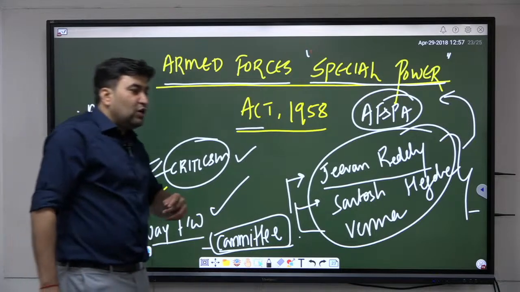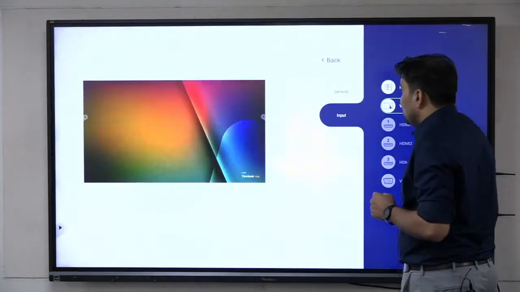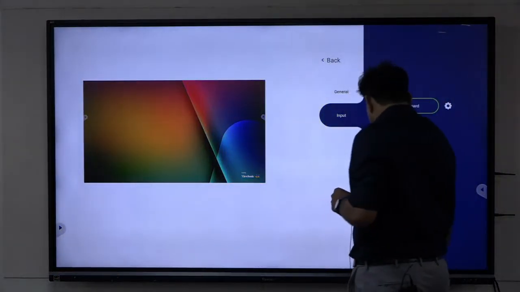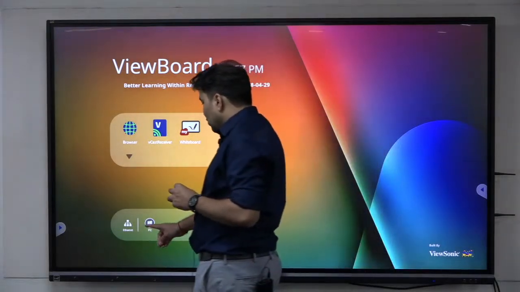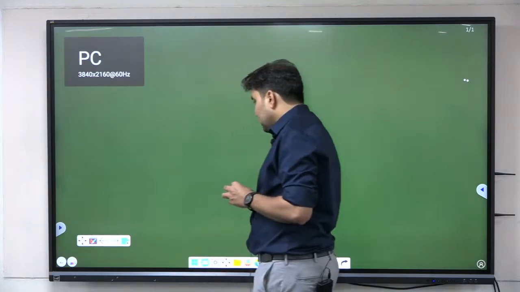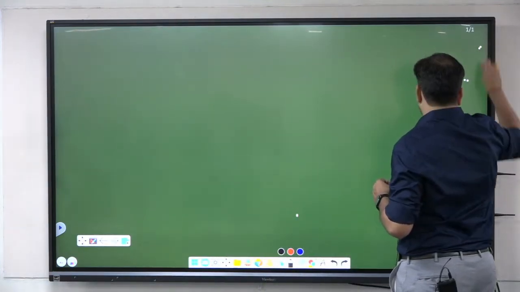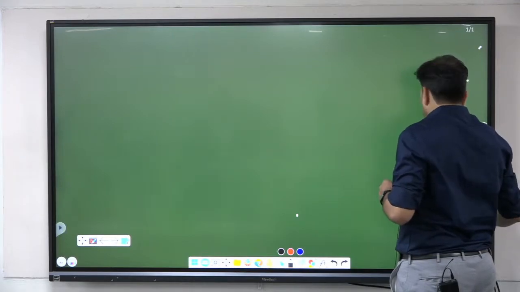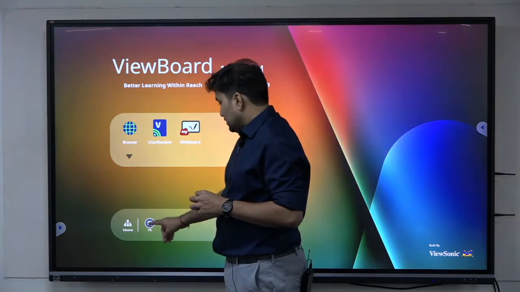Third, government should consider application of UPSPA on a case by case basis.